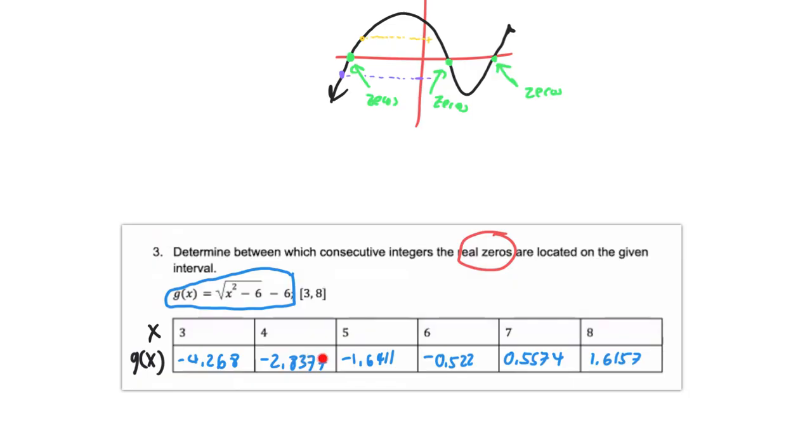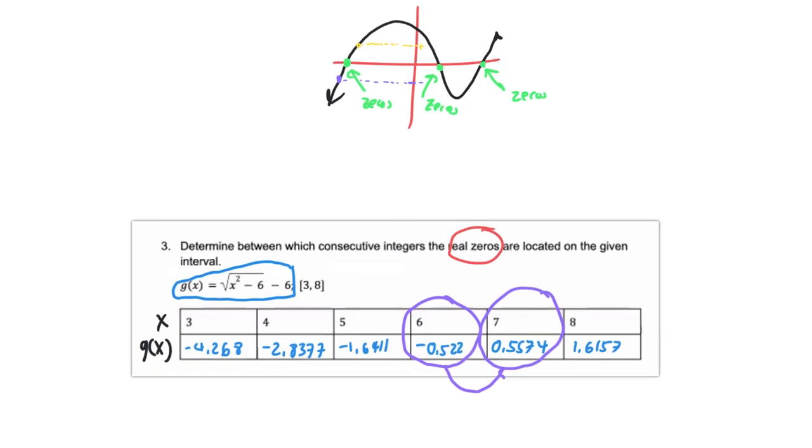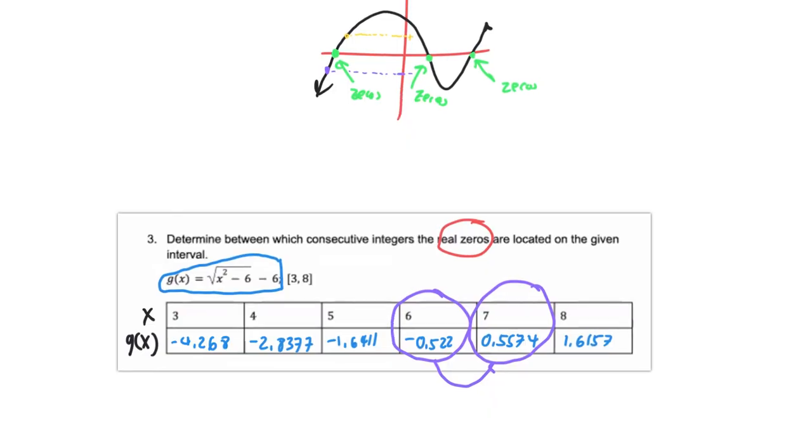Well, the y coordinates are all negative here, but then all of a sudden, boom, it switches to positive. So we know that between this point and that point, like this is a point, 6 comma negative 0.522. This is another point, 7 comma 0.5574. Between those 2 points, we know that there's a zero. There's a real zero. Okay?